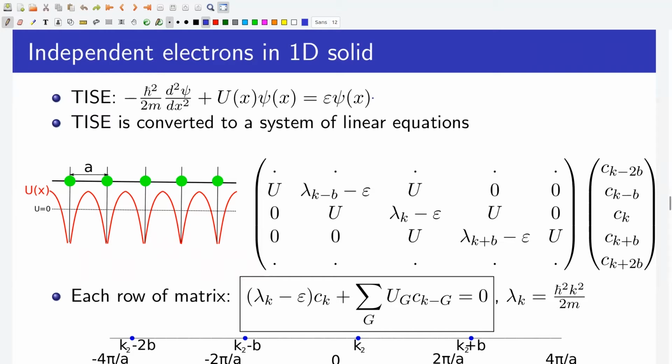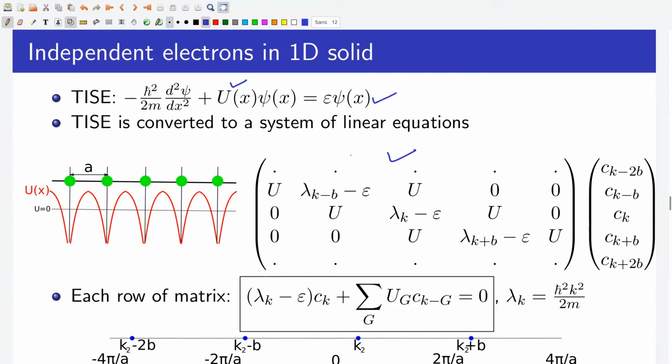This is the form of the time-independent Schrödinger equation we are familiar with. When U of x is a periodic potential, the time-independent Schrödinger equation is converted to a system of linear equations shown in the form of a matrix here.